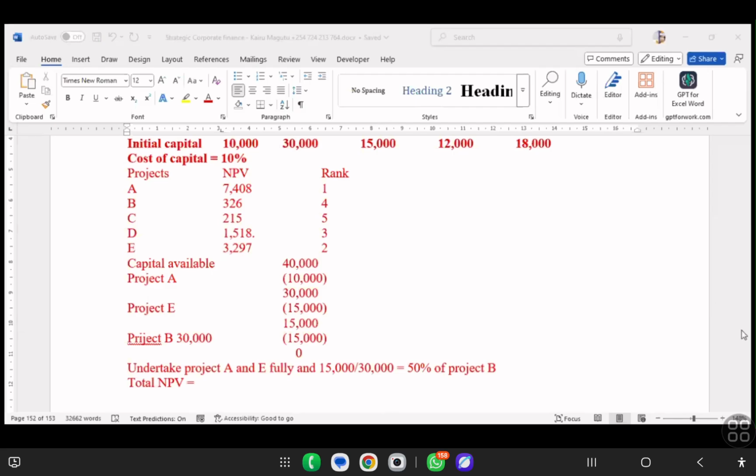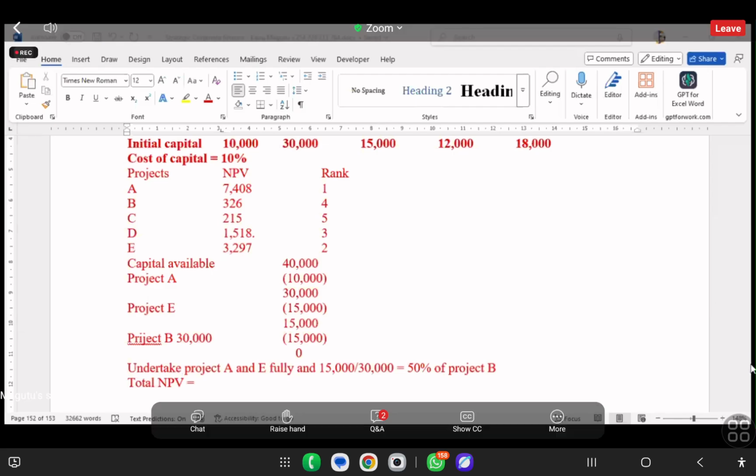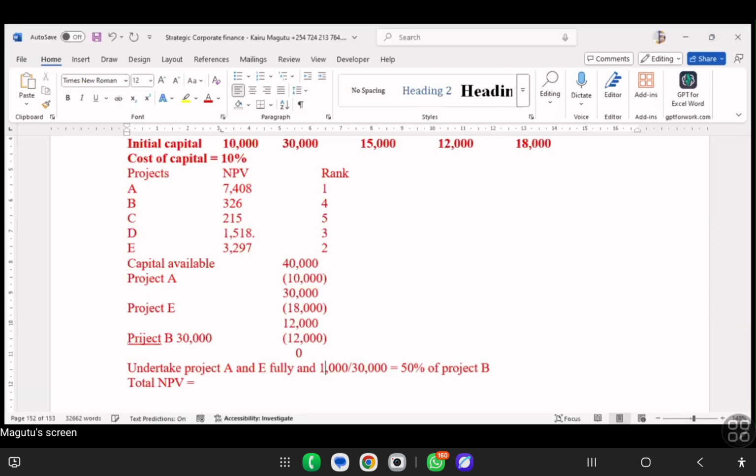Someone is asking whether we rank them based on NPV. Yes, we rank them on NPV. Just 12 over 30, please. 12 over 30. Thank you for that observation and the correction. I think this one is 40%.